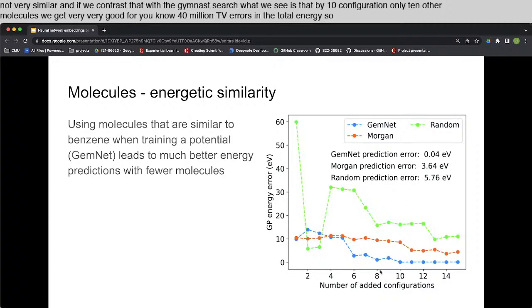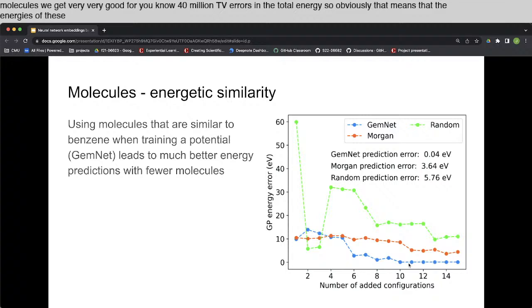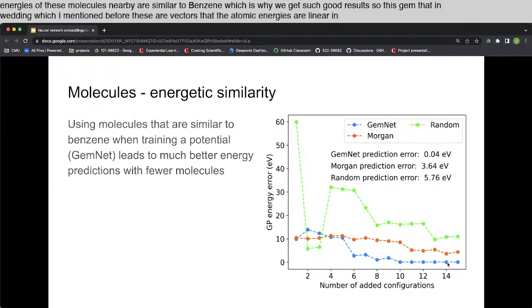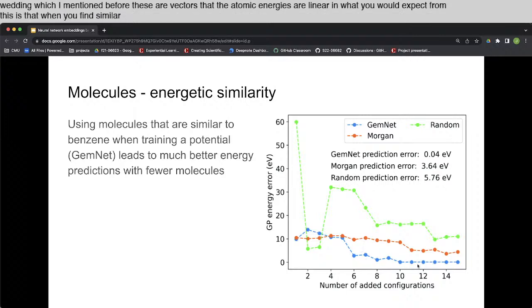So obviously that means that the energies of these molecules nearby are similar to benzene, which is why we get such good results. This GemNet embedding, which I mentioned before, these are vectors that the atomic energies are linear in. What you would expect from this is that when you find similar molecules, they have similar embeddings and therefore similar atomic energies.